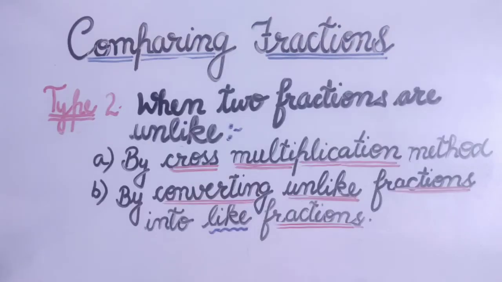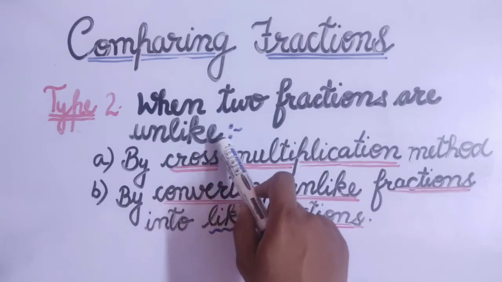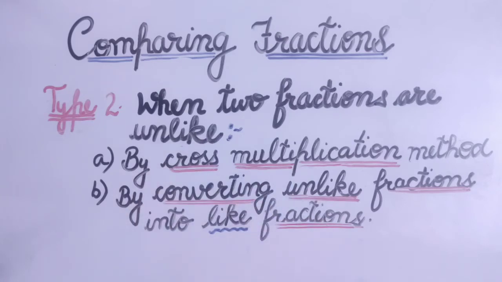Now students, we will discuss type 2, when two fractions are unlike. Type 1 we have done, when two fractions are like fractions. Unlike fractions are those fractions whose denominators are not the same. If the denominators are not the same, how will we compare them?